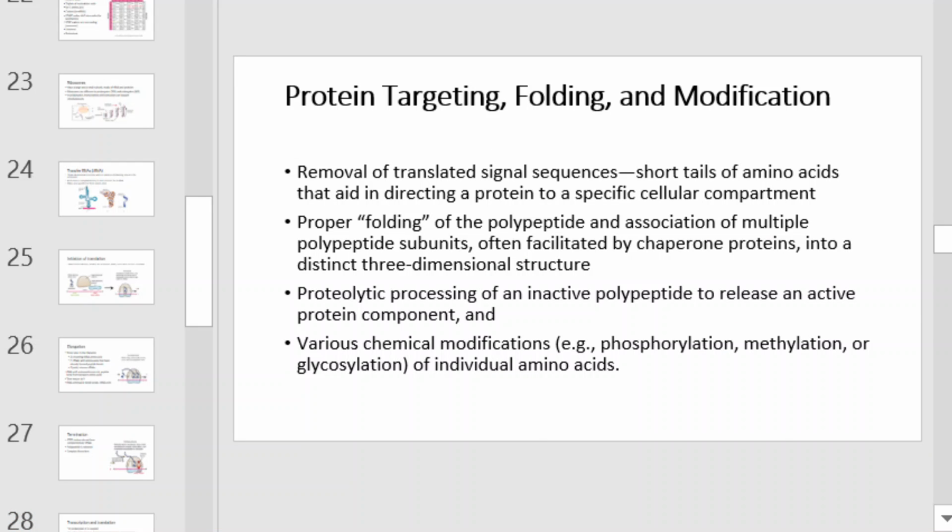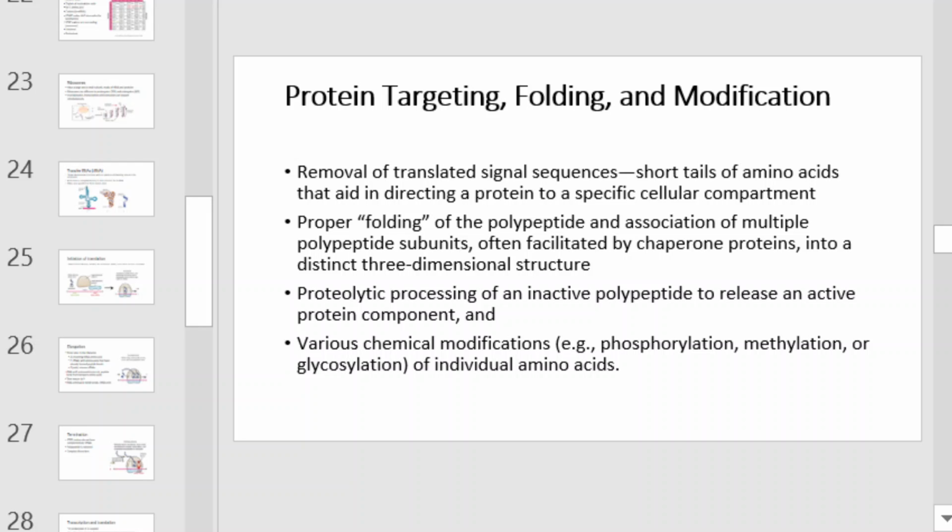Protein targeting, folding, and modification. The removal of translated signal sequences, or short tails of amino acids that aid in the directing of a protein to a particular cellular compartment, occurs shortly after the amino acid sequence has been released.